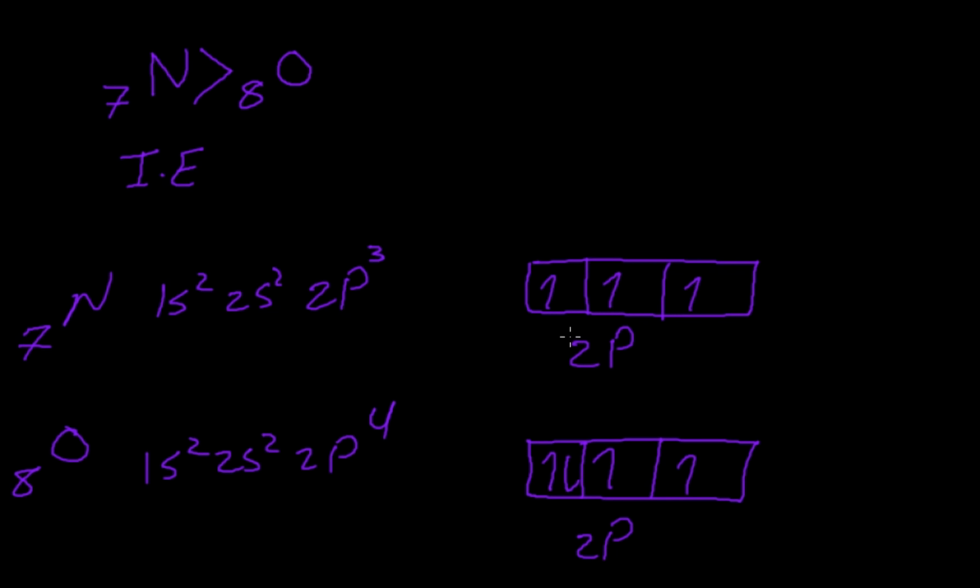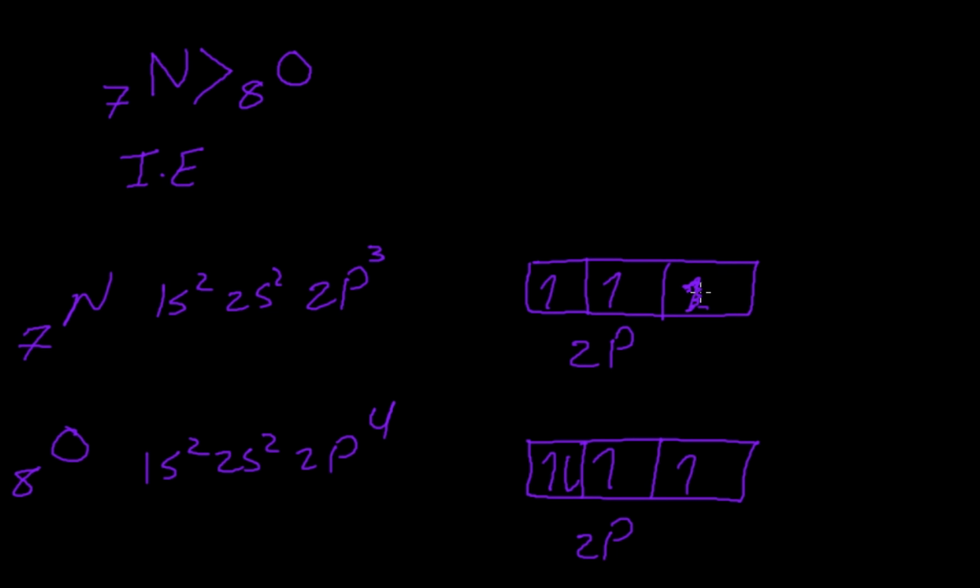When you remove one electron from the nitrogen atom in the 2p sublevel, this will lead to the breaking of an electronic system which is half filled with electrons. The 2p sublevel here was half filled with electrons.